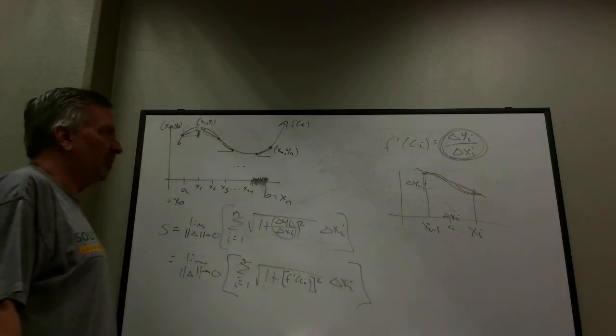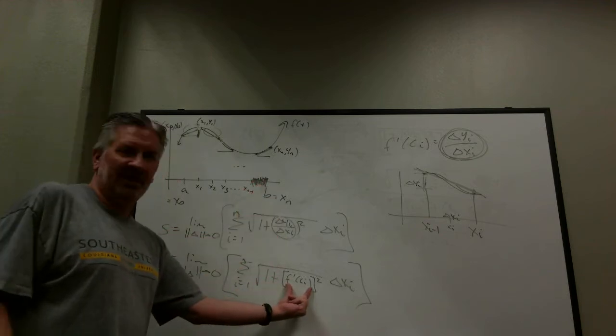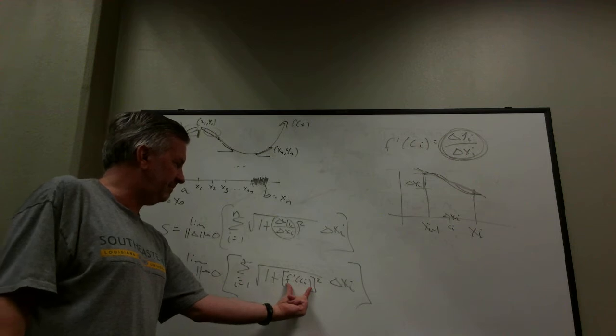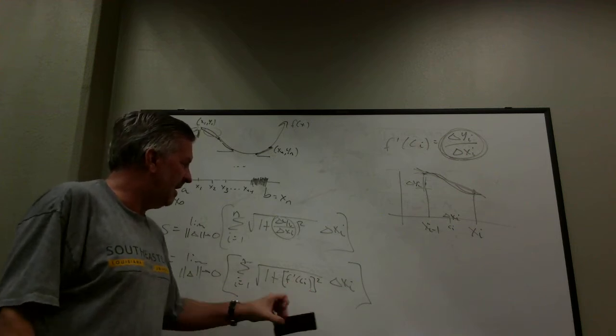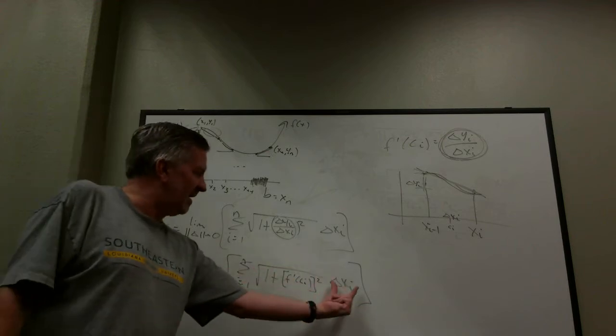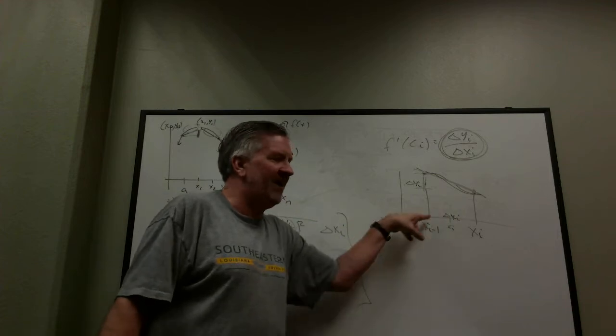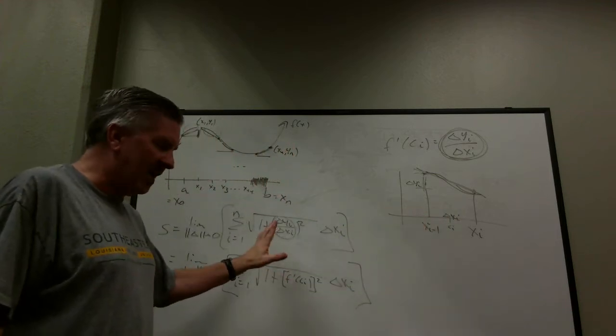Whew. So that's where we need the mean value theorem. We got to get rid of this and get it as a function of something. Okay, now look what we have. We have a Riemann sum. We have our delta xi and we have a function where we're plugging in a value in each interval. Now notice that's not f, it's f prime, but that's okay.